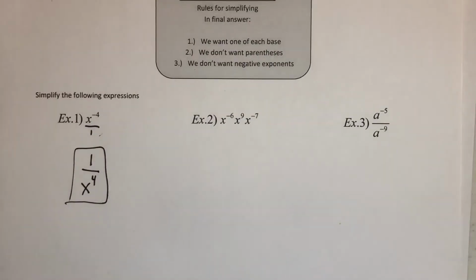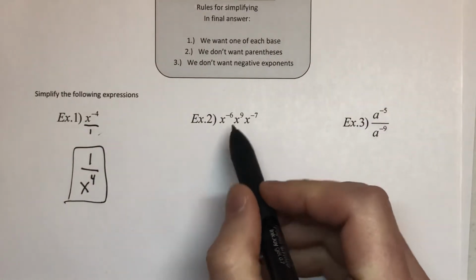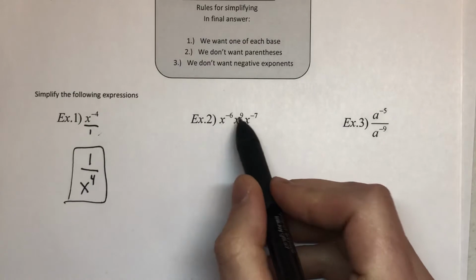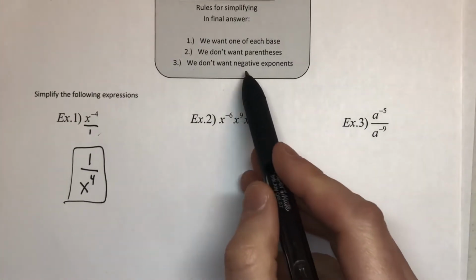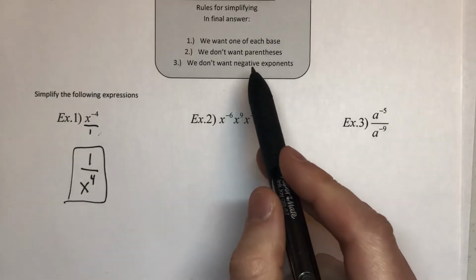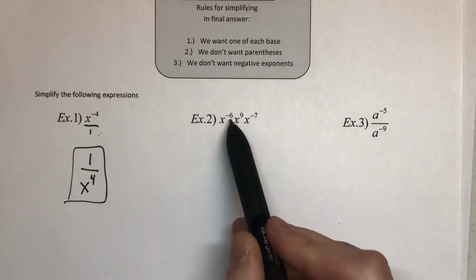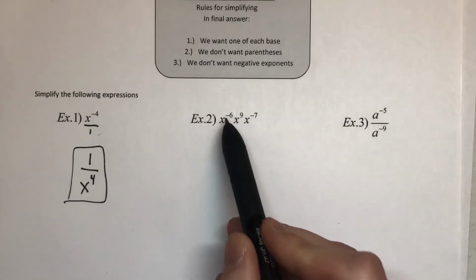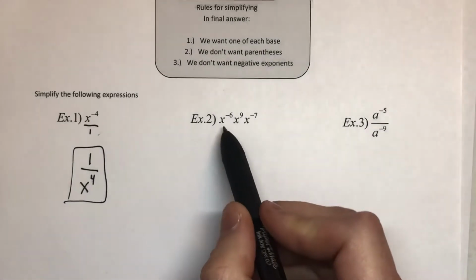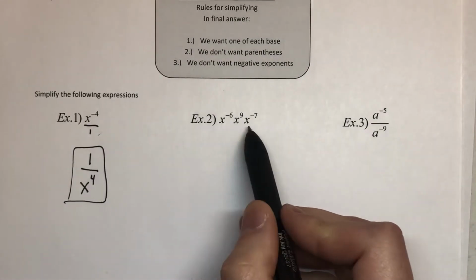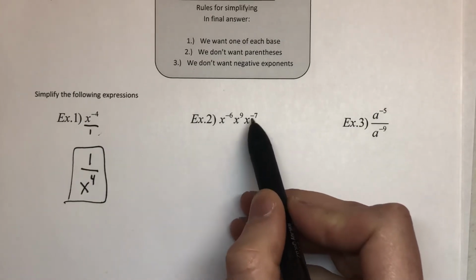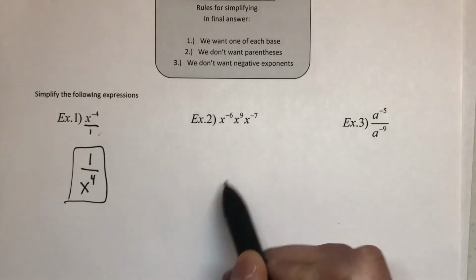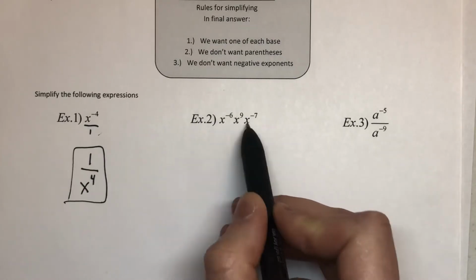That's our goal. Now for the next one, what I want to make sure I point out is even though you see negative exponents and we've talked about how we can rewrite them, like I said, don't necessarily worry about them first because even though they are negative numbers, they still follow our rules. And so our rules, if we saw a problem like this earlier, just without the negatives, x to the negative 6, x to the 9th, x to the negative 7th being multiplied, we have a rule for multiplying similar bases.